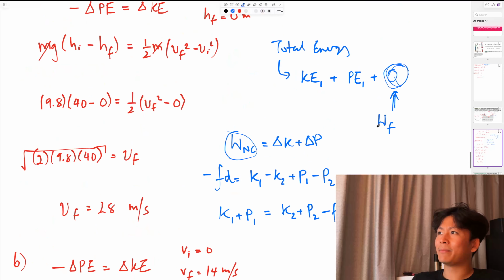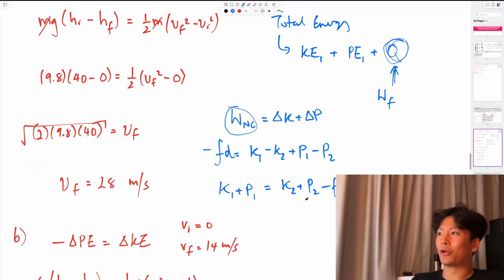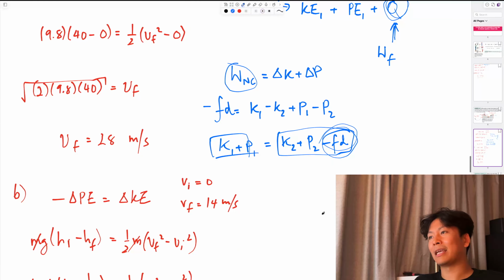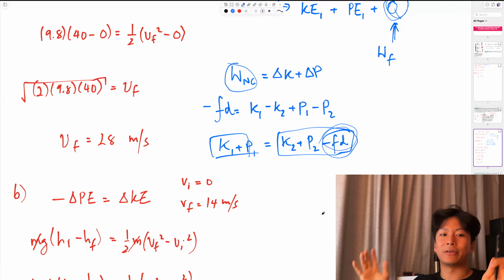And so that's what I mean by energy is no longer the same, right? Because initially I have this, but now this is equal to this plus this additional term over here. So total energy essentially has gone down. Where does it go? It goes in as heat.